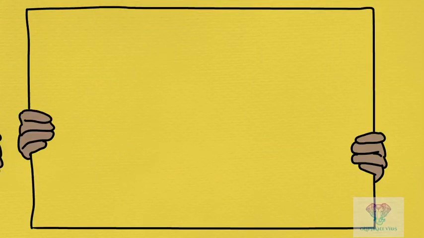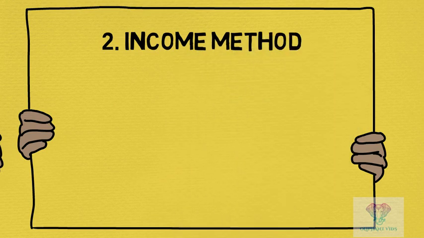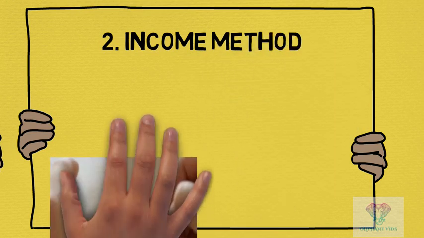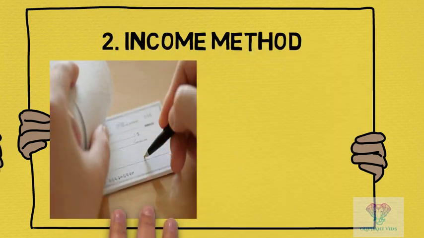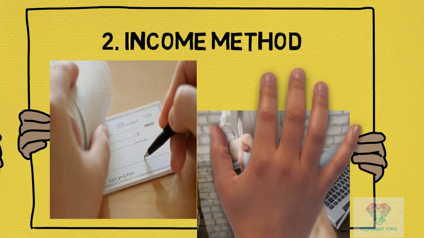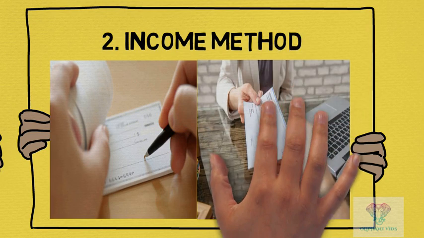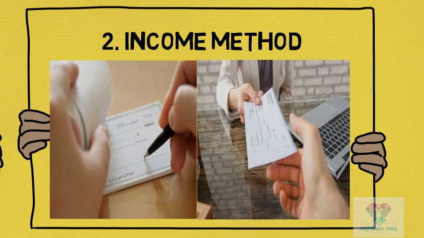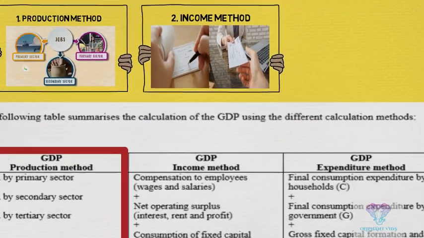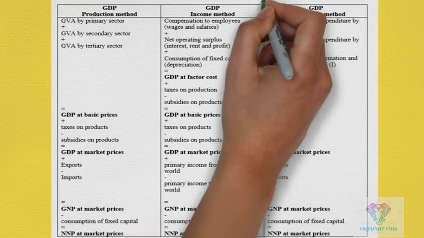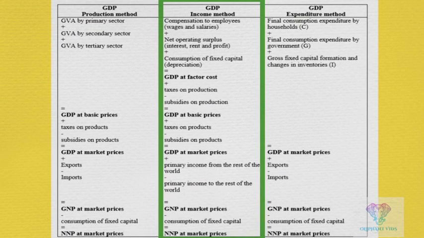Your next type of method is the income method. Your income method is the total measure of the income earned by the factors of production of GDP of a country. It's going to include rent, wages, salaries, interest, as well as profit. How do we calculate using the income method? We first start off with compensation of employees.